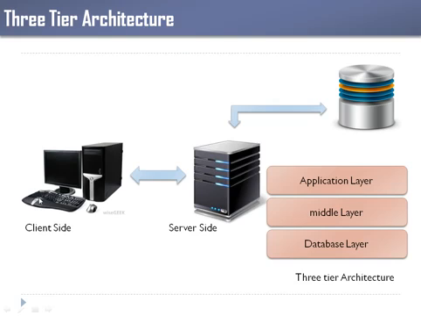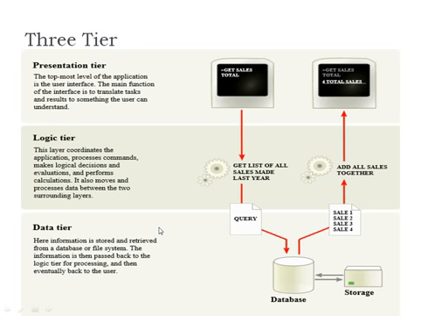So if a client is requesting anything, that request is forwarded to the web server. Now this web server processes that request and checks whether any data has to be fetched from the database. If yes, it will fetch the data from the database and then forward it to the client. So here we are having three tiers, that's why this is known as three-tier architecture.